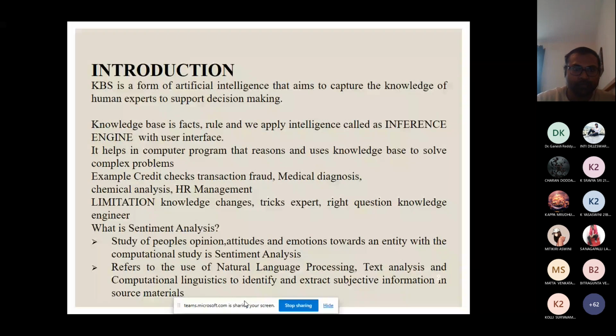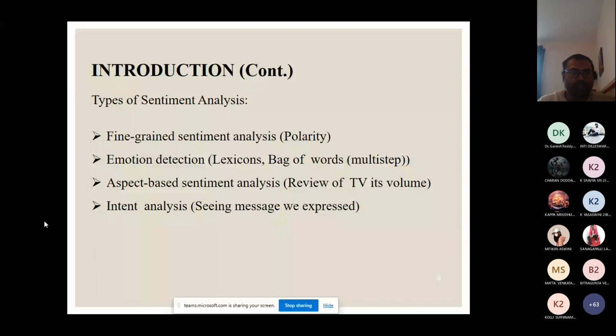Next. Sentiment analysis can be of different types. First one is polarity, which is fine-grained sentiment analysis. Second one is emotion detection. It is nothing but lexicons, like polarity lexicons such as WordNet, where polarity can be positive, negative, neutral.